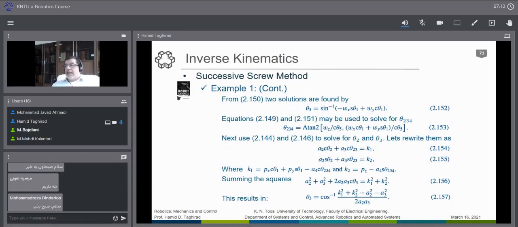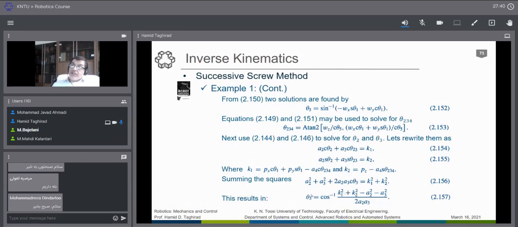We can just add, summing the square of these two. These two will eliminate, and only theta 3 will remain in this equation. And then you can find the cosine of theta 3 as the inverse cosine here. Again, here you have two solutions since we are using the cosine variable.